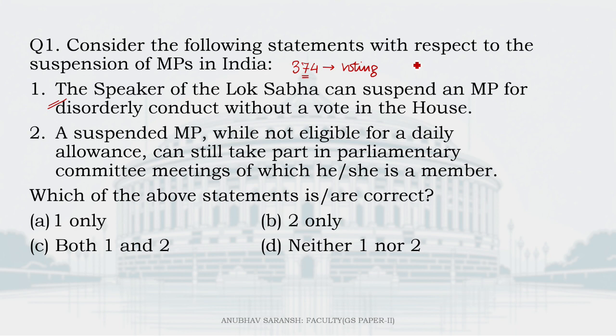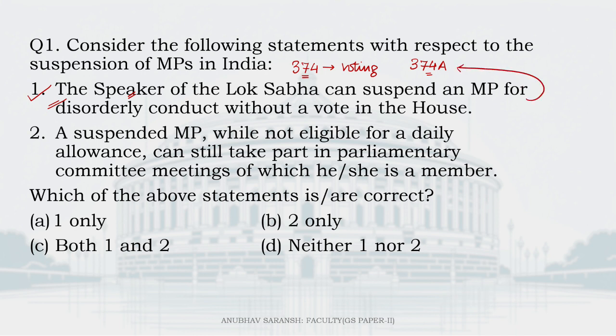However, there is one more rule, 374A. This says that the Speaker can suspend an MP for at least 5 days or the remainder of the session, whichever is less, without any need for voting in the House. So statement 1 is correct. This is nothing but rule 374A.